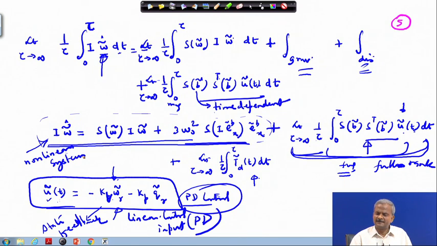Earlier there were problems with the magnetically actuated satellite: the theorem stated that if the angular velocity of the satellite exceeds the orbital angular frequency, the satellite cannot be controlled. But that problem has been overcome.